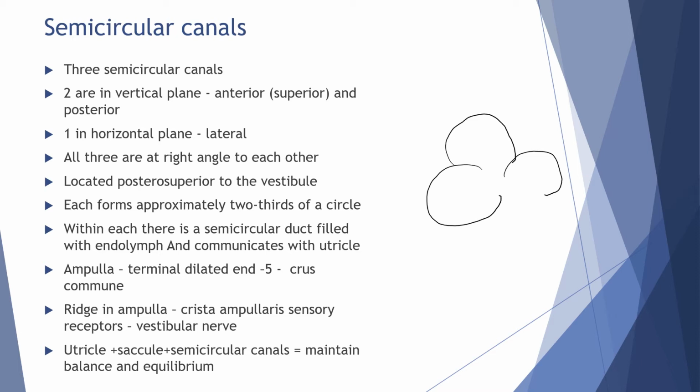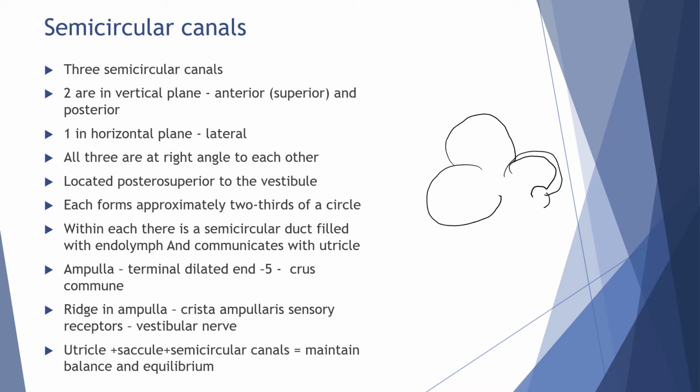Within each canal, that is the bony outer canal, lies a semicircular duct which is filled with endolymph and communicates with the utricle. The semicircular canals have dilated ends which are called the ampulla.